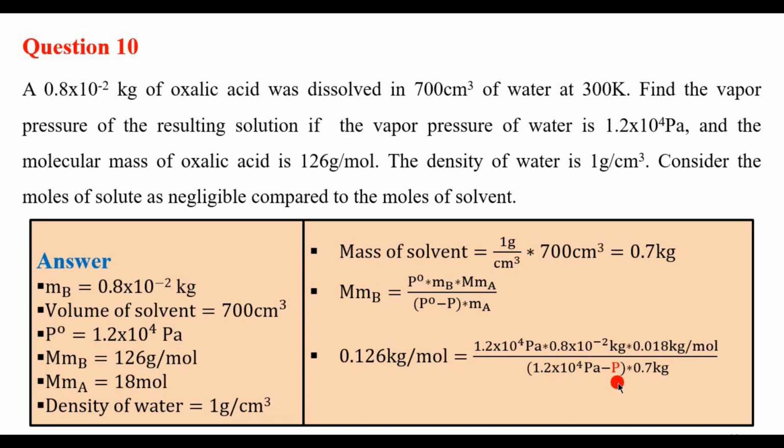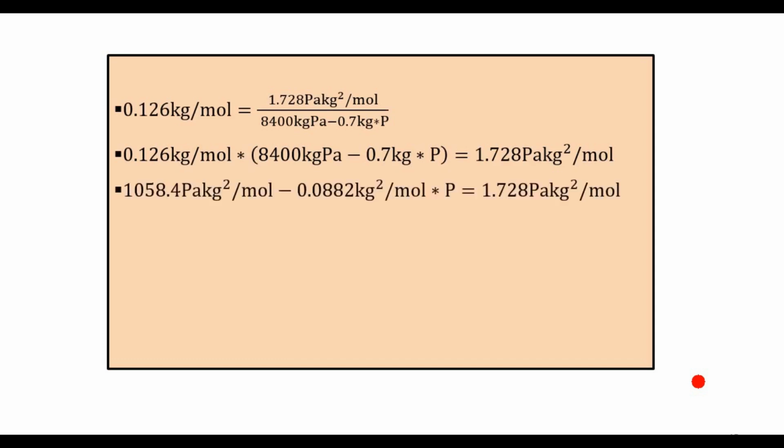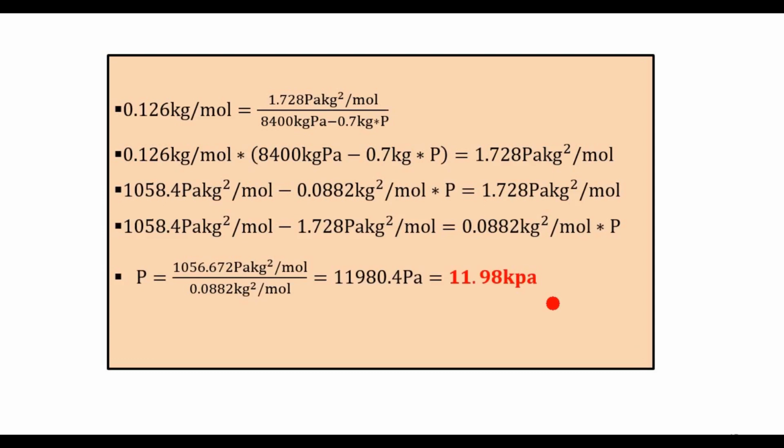Then times 0.7 kilogram, which is the mass of the water or the mass of the pure solvent. If we continue to rearrange the terms mathematically, then we can get our answer. You will get the vapor pressure of the solution, which is equal to 11.98 kilopascal.